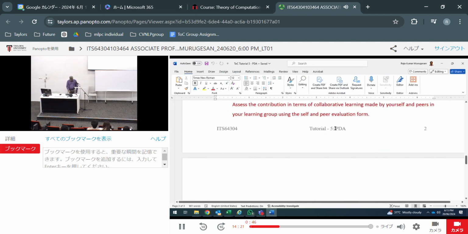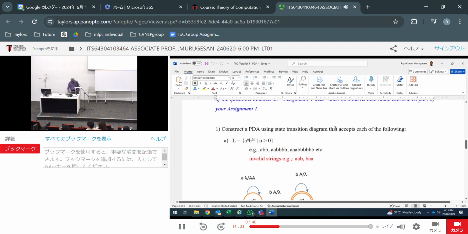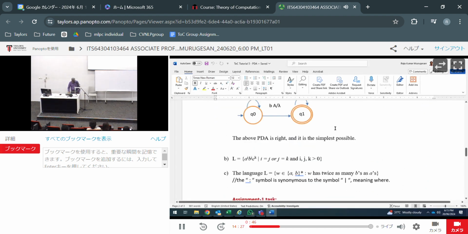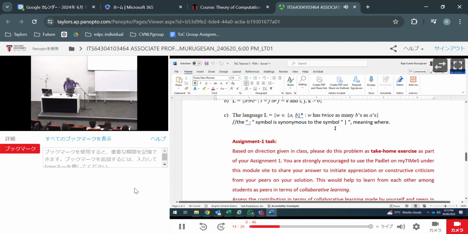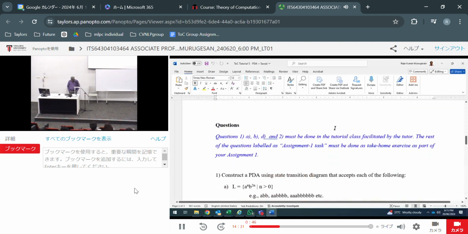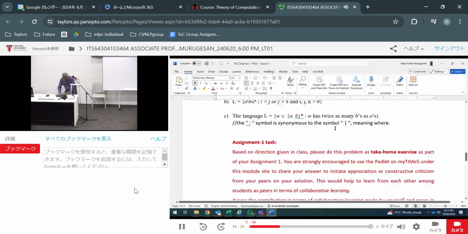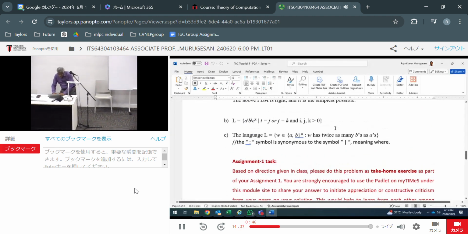Okay. So 1A and B are done for Vigneshwaran, Yogeshwaran batch also. So I'm jumping to 1C. 1C says the language L is equal to the set of strings w that are elements of (A or B) Kleene star, where the colon symbol is synonymous with the vertical bar.